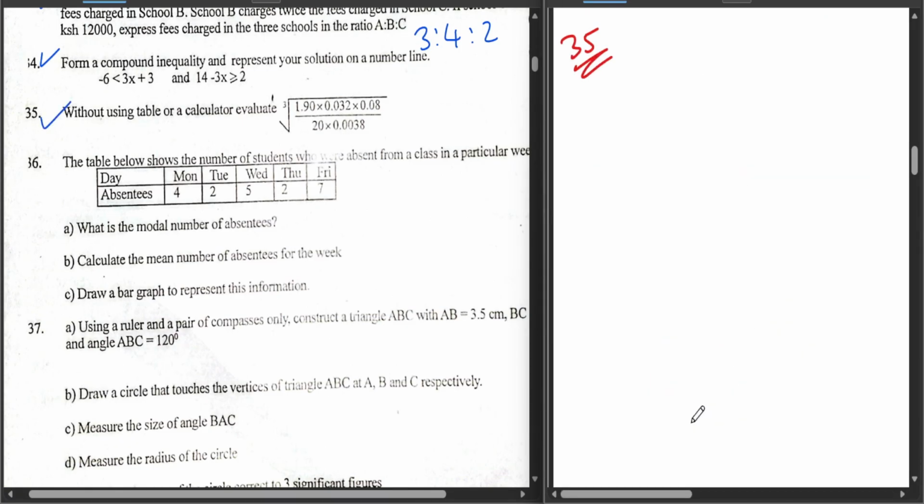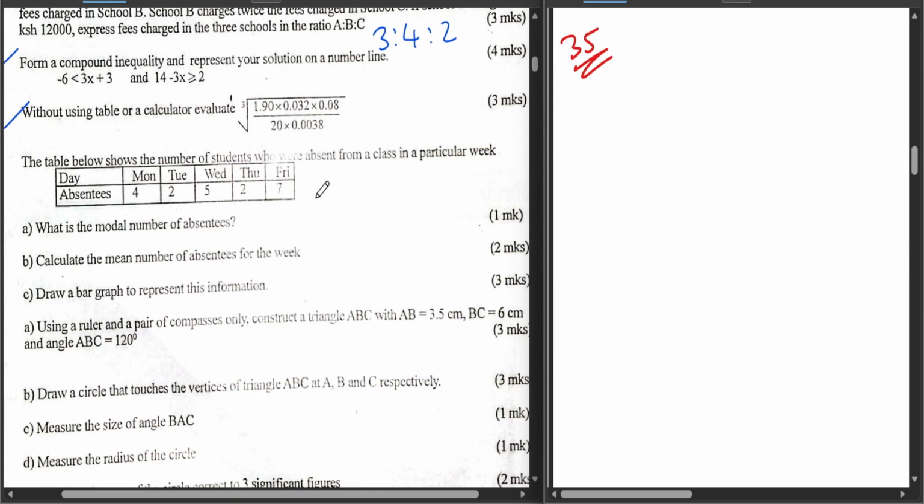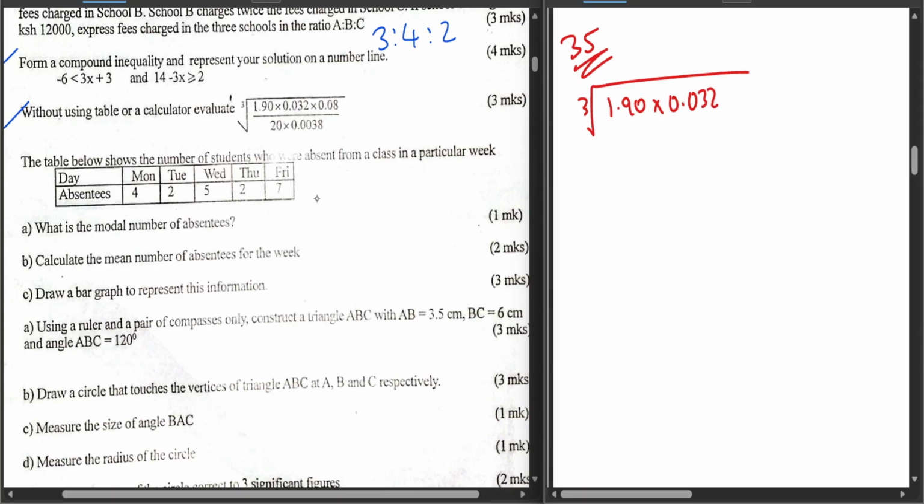Okay, question 35. Without using a table or a calculator, evaluate this. That is the cube root of 1.90 times 0.032 times 0.08 over 20 times 0.0038.